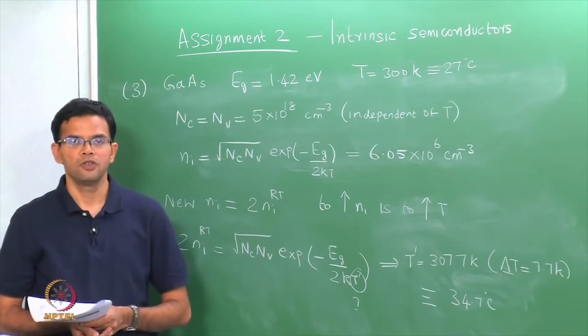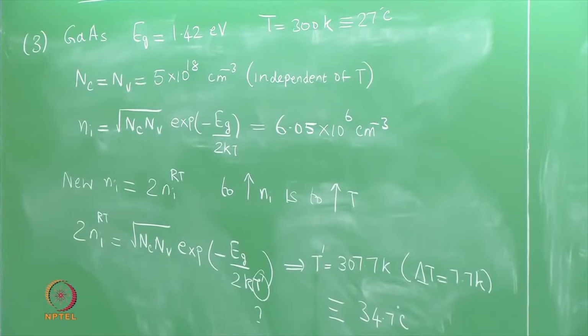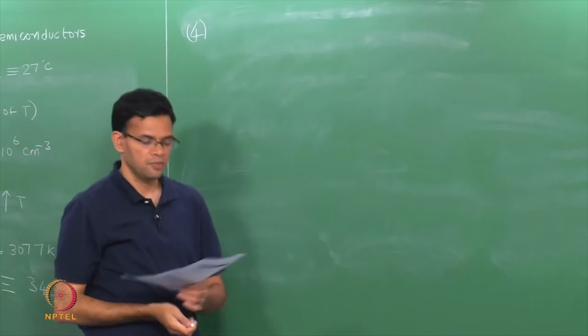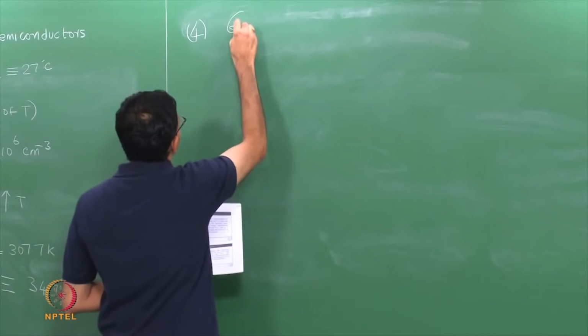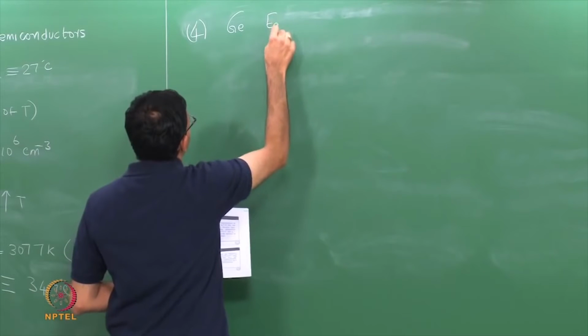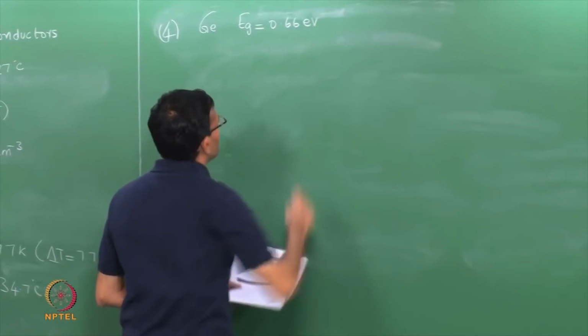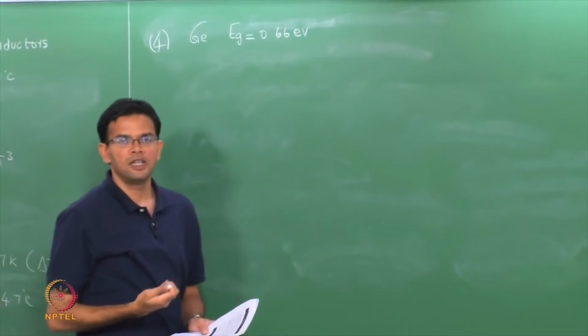So, let us now go to problem 4. So, problem 4, we want to calculate the intrinsic carrier concentration of germanium. So, we have germanium with a band gap Eg of 0.66 electron volts. This is lower than that of silicon.